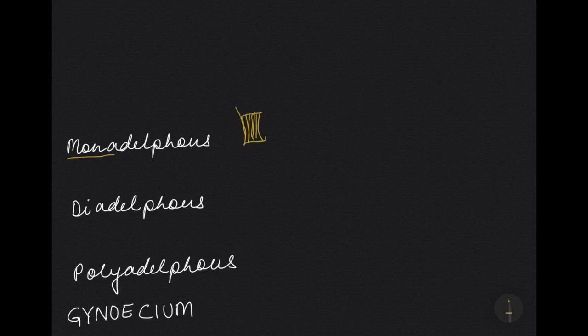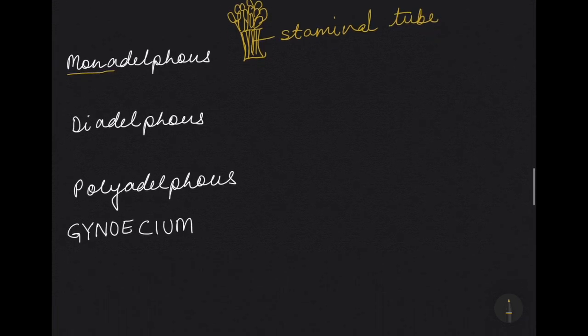Okay, and then you'll see these are the anthers at the top. So it is just one single group, that is monoadelphous. Example, China rose forms a staminal tube. Okay, and another example is even in cotton, you'll see. Please underline all the examples, children.